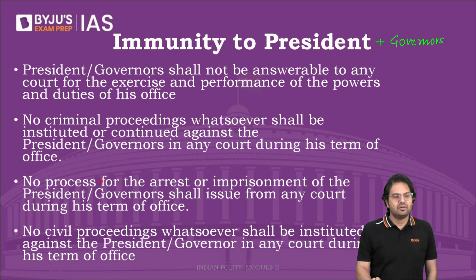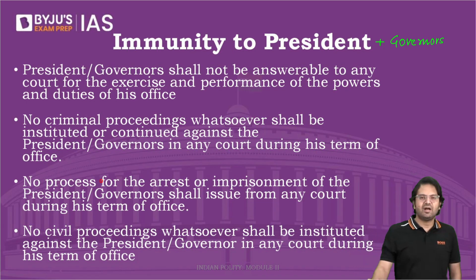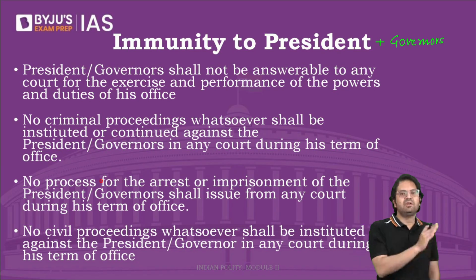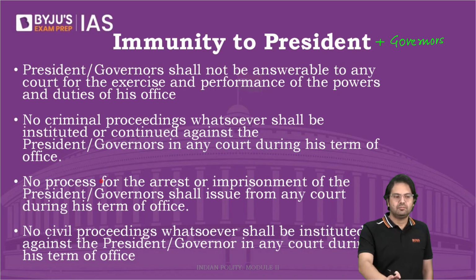So if they are in office, you will not start any kind of criminal case against them, or if a case was going on, you cannot continue with it. The case has to stop. Clear? For anything you have done, it does not matter.